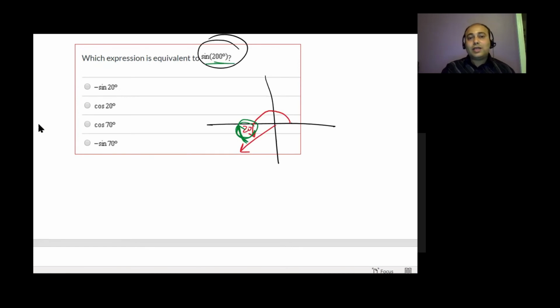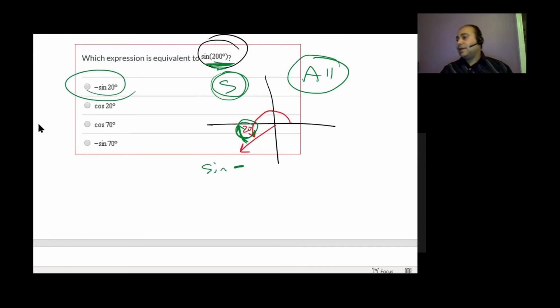Since we are talking about the sine, all students, the sine is positive here and positive here. But the sine right here is negative. So it's going to be negative sine 20. That would be the answer.